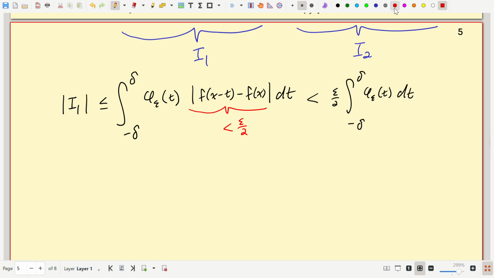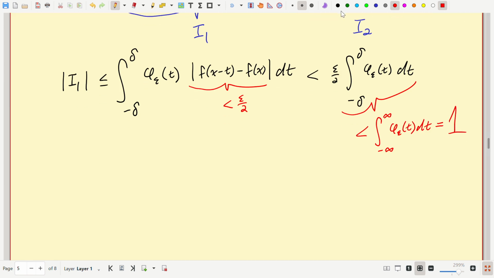And because it's a positive kernel, that would be less than the integral from minus infinity to infinity of phi epsilon of t dt, and that's equal to 1. So because of that observation, I get that I1 is less than epsilon over 2.